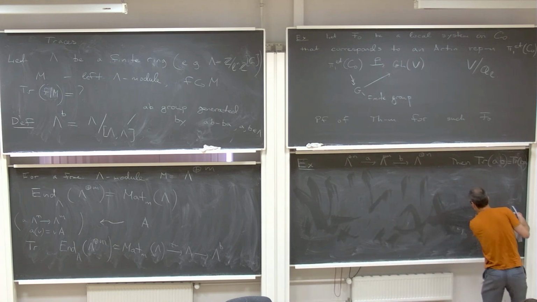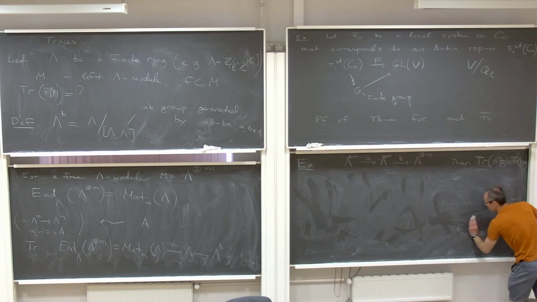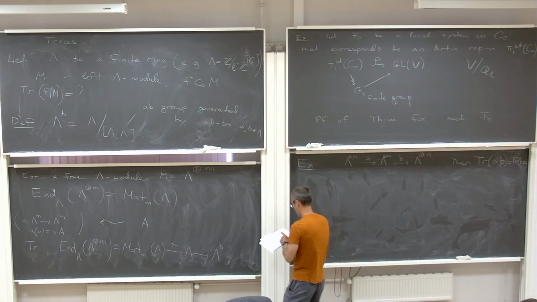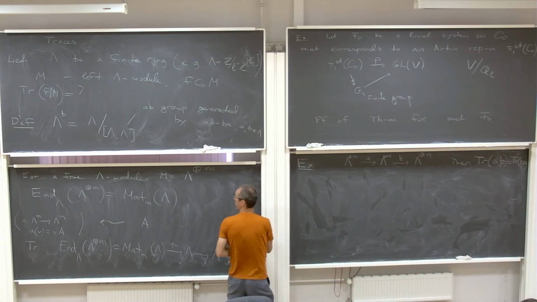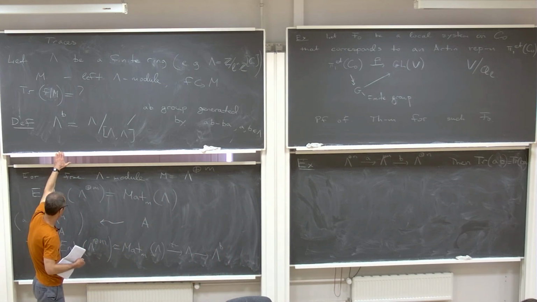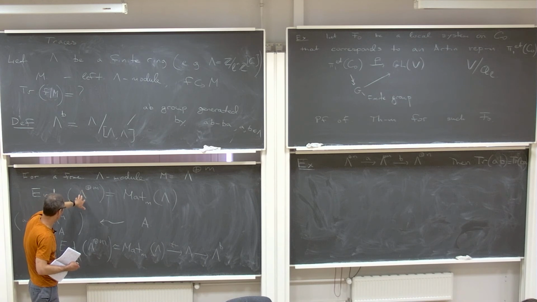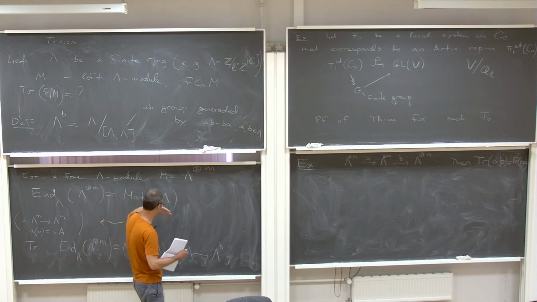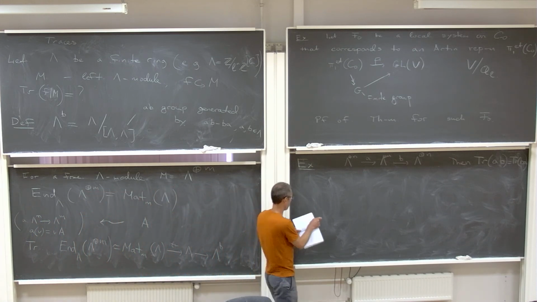Now, more generally, I want to extend it to endomorphisms of free modules. I want to show that the trace is well defined and does not depend on the choice of a basis. And more generally, I want to show that it can be defined for any projective module.